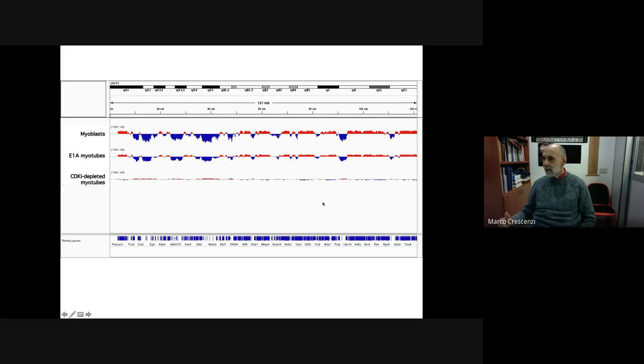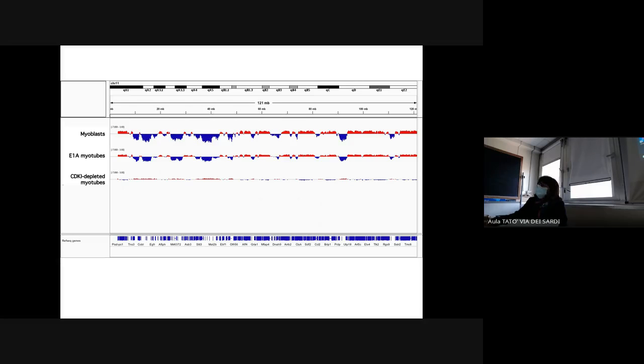It is as if myotubes were a system in which these effects are magnified or are not hidden by other mechanisms that are absent in myotubes. So again, myotubes are a system in which you can ask questions that you wouldn't be able to address with other cell types. This is the best I can do to answer your question.